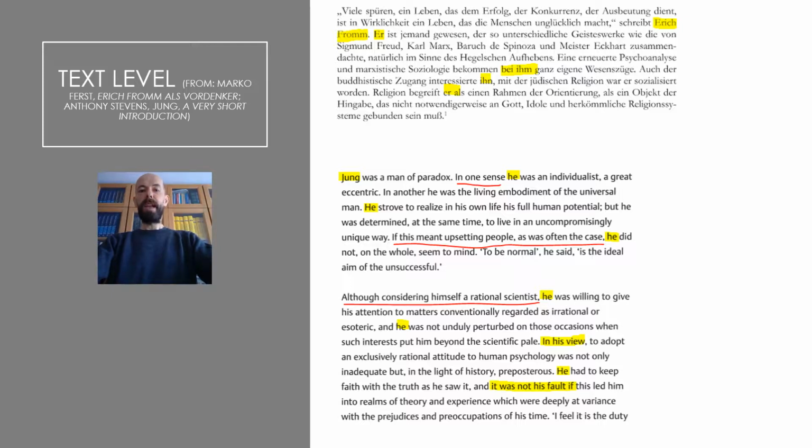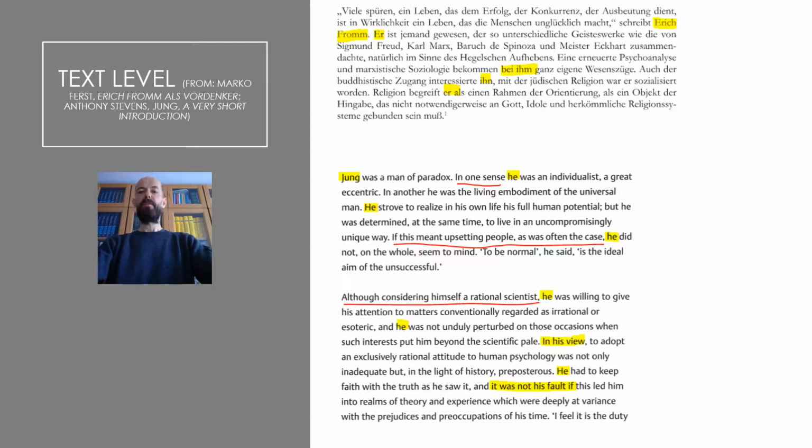Picks up Fromm again, but then in the next sentence we have a prepositional phrase that picks up from somewhere in the middle of the German sentence. "Bei ihm, eine erneuerte Psychoanalyse und marxistische Soziologie bekommen bei ihm ganz eigene Wesenszüge." And we have a fronted object in German. "Auch der buddhistische Zugang interessierte ihn." Wen oder was?